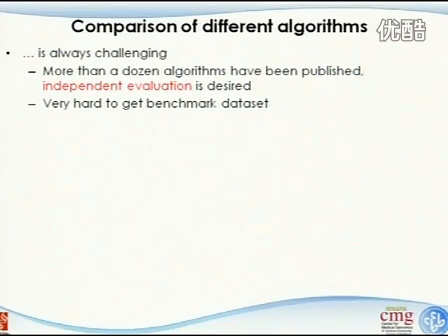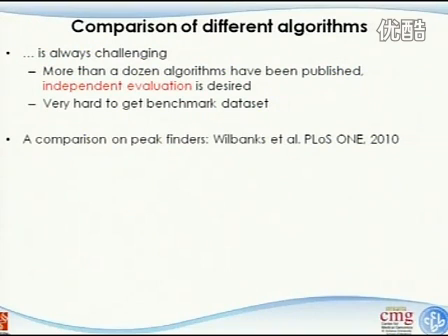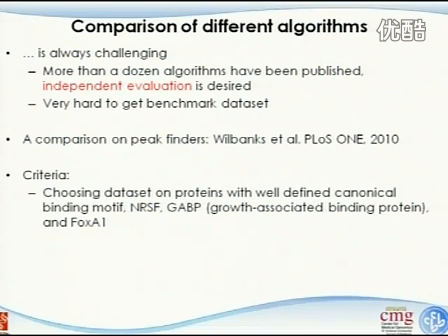And sometimes it's very hard to get benchmark data sets, meaning that we don't really know what is positive or what is negative, so how can we evaluate which method is doing better or worse? This is the paper published in PLOS ONE last year, comparing different peak finders. They designed several criteria. The first one is they chose data sets on proteins with well-defined binding motifs, like NRSF, GABP and FOXA1.